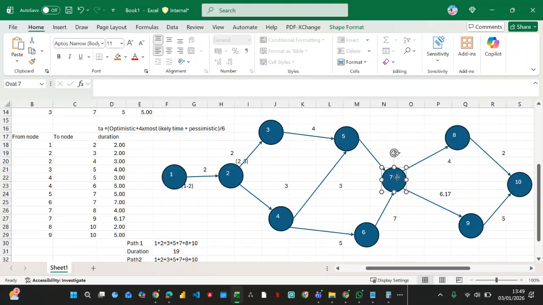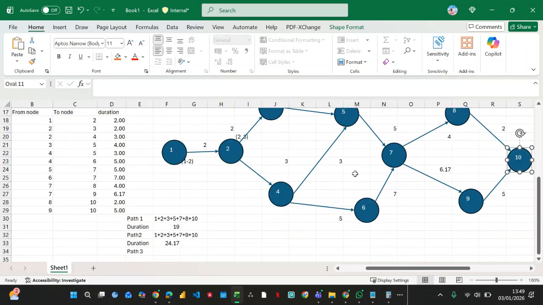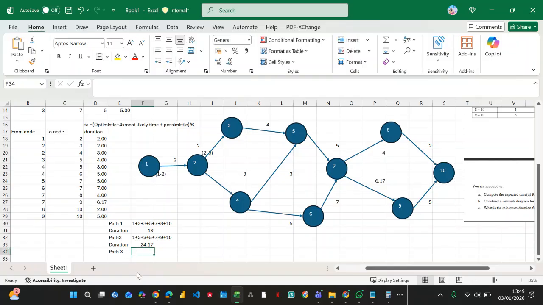So let's write it down. So we have 1, 2, 4. From 4 we move to 5. Then from 5 move to 7, 8, plus 10. So we need to get this now.